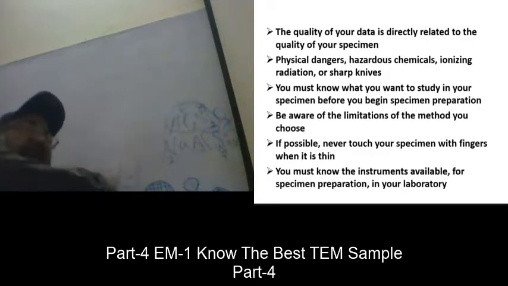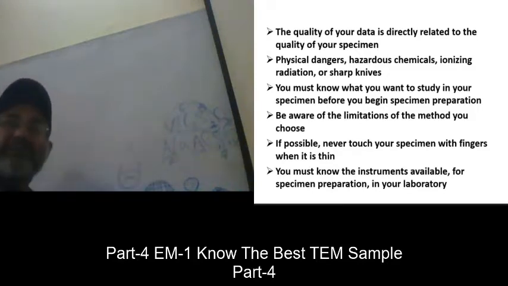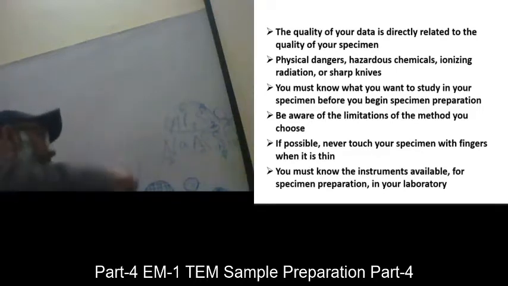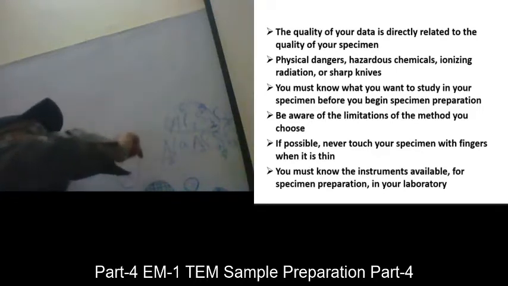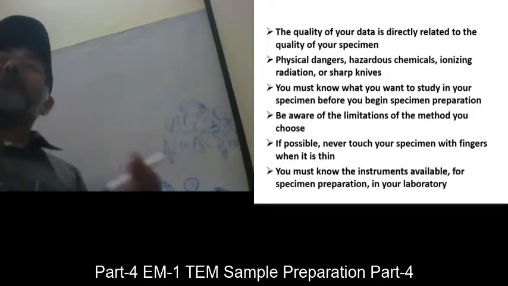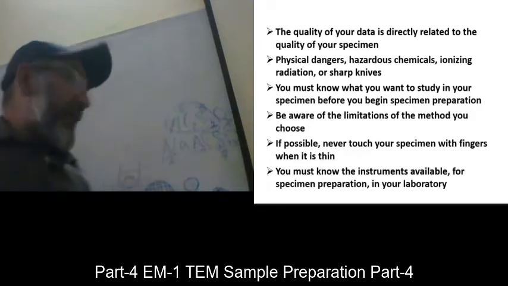When it is dispersed very well, you can do it by hand as well. The heavier particles will settle down and the lighter particles will be left there. Then you take the tweezer and put a drop from that solution on the copper grid. And what happens?